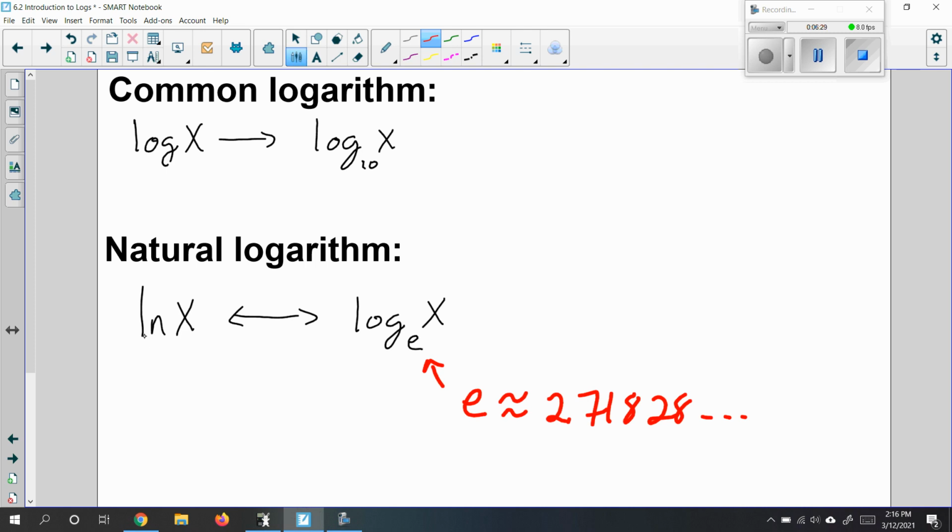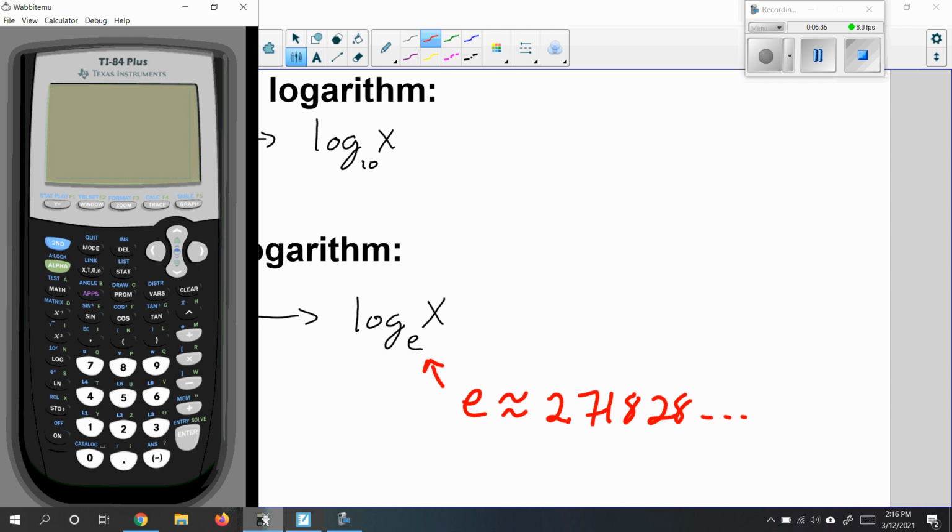So when you see ln of x, that's just saying log base e of x. And the natural log button is right here on your calculator next to the 4. So this log button is for log base 10. This button here is for the natural log, or log base e.